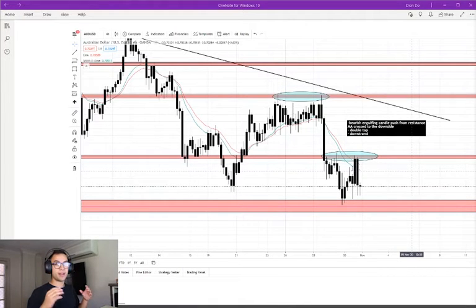Now it did form another double top at this resistance, and price created a bearish engulfing candle to the downside, sort of treating the moving average again as a moving support. Oh, sorry, resistance. Don't know how many times I'm going to get that wrong.